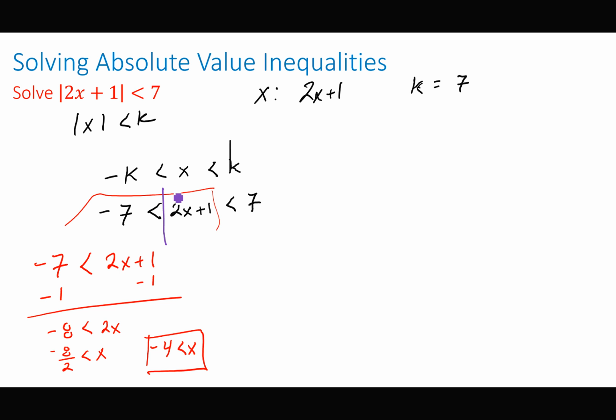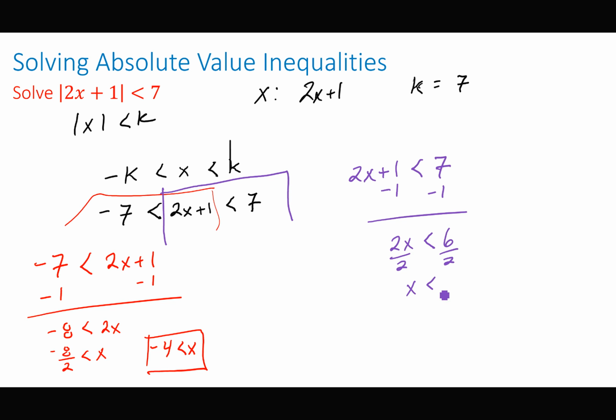Now I also am going to focus on this right side of the compound inequality and do that. So 2x plus 1 has to also be less than 7. So if I subtract 1, I end up with 2x is less than 6. Divide by 2, x is less than 3.